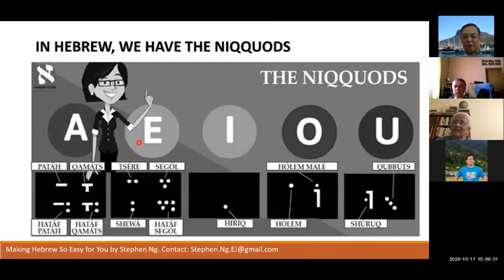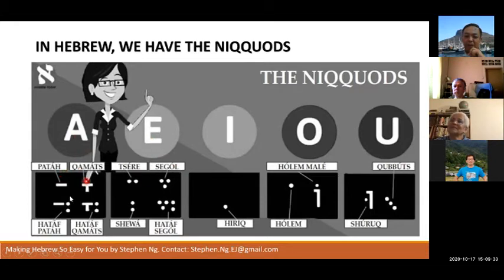We have the A and E now. Then we have the I, O, U. That's one dot here, one dot here, and one dot here. As long as you see one dot, it's either I, O, or U. And the three little dots here are a U. Now that you can see that it belongs to a different category, I'll repeat again.